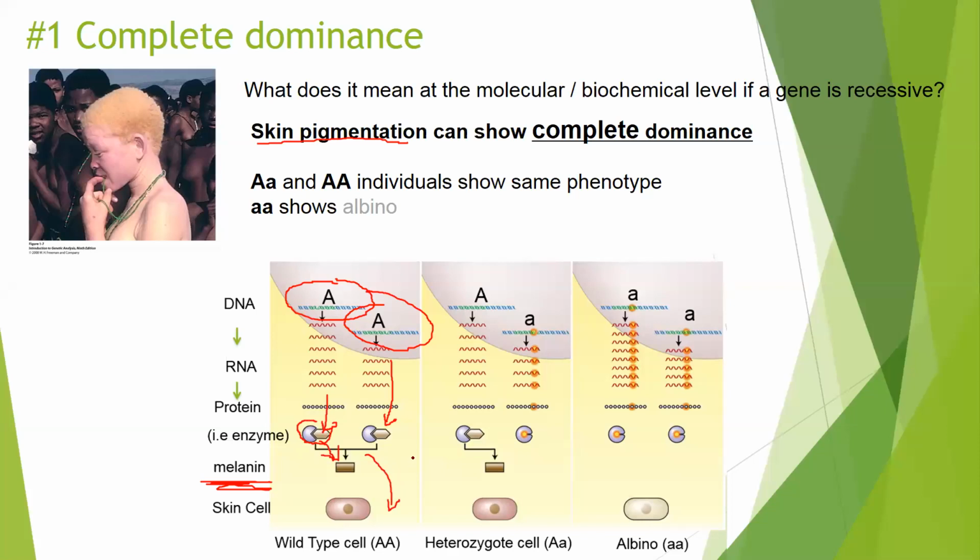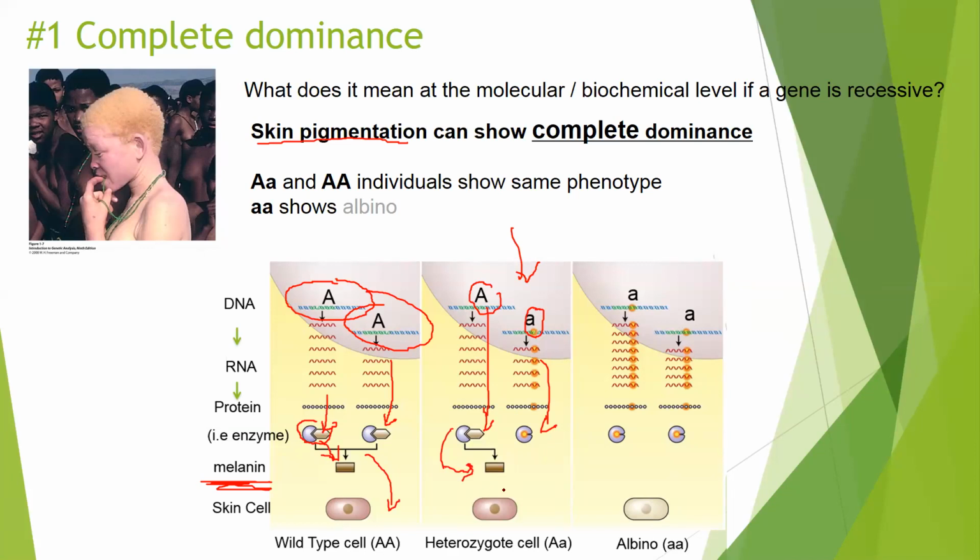then this will give the skin the dark color. All right, for the heterozygous individual, there's only one wild type and the other one is a mutant. This one cannot produce any functional enzyme, but this one can. Even though there's only one allele, it can produce a sufficient amount of the enzyme that gives the color to the skin.